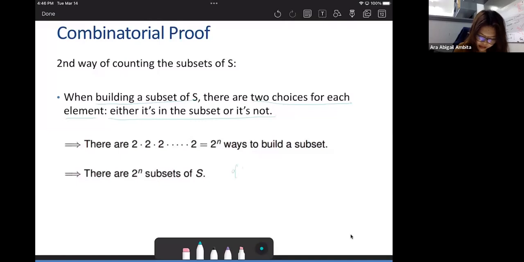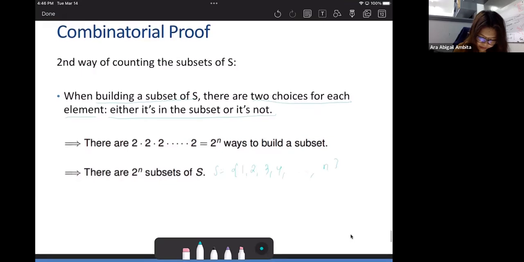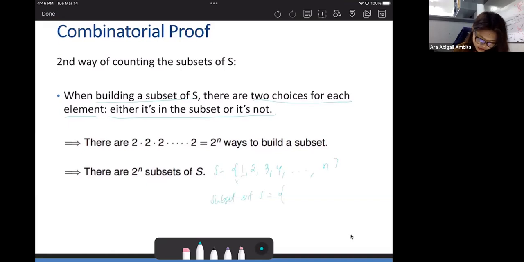So for instance, again, if we have a set S and it contains 1, 2, 3, 4 until n, and we are building a subset of S, would 1 be included? Yes or no? So there are two possible ways.